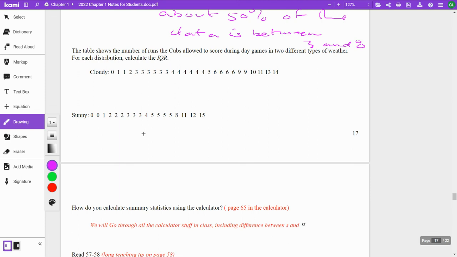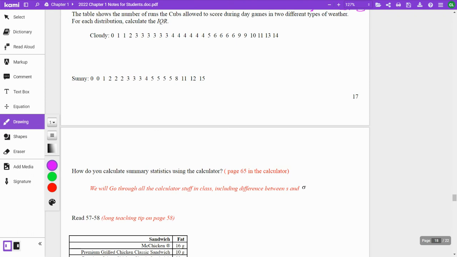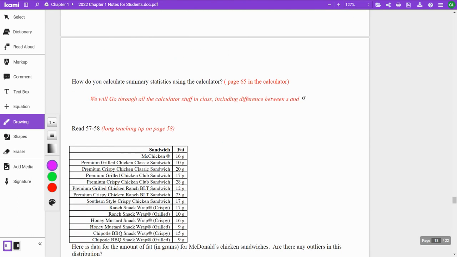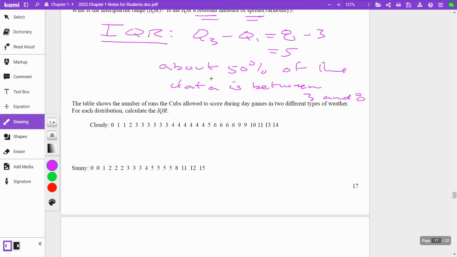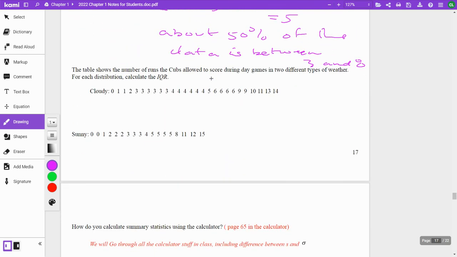But your list of numbers is right here, so remember to count them up, find your Q3 and your Q1, and we'll go from there. Because I think what I want to do is show you how to do it on the calculator, and then we'll do this one in class also. So I think this is what we'll do in class on Friday. We'll jump right here, okay? And I'll teach you how to put all those in the calculator.